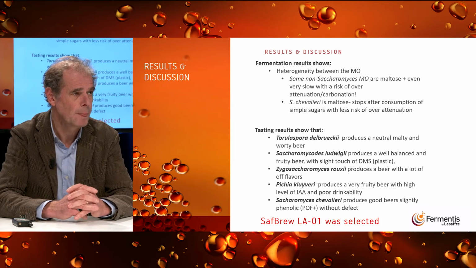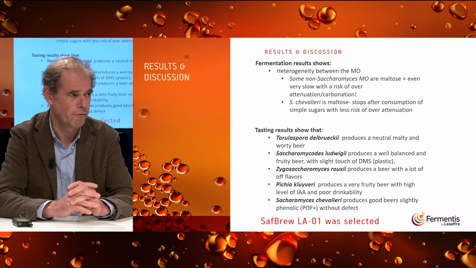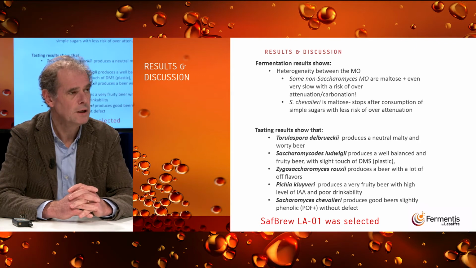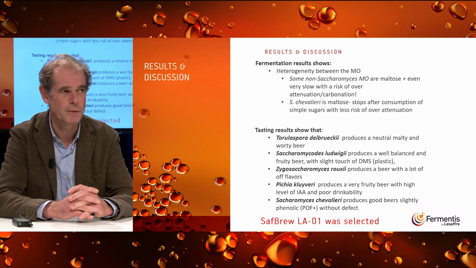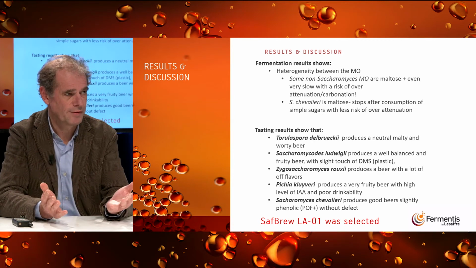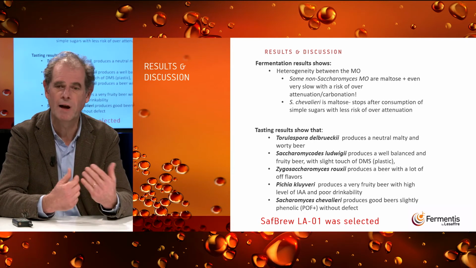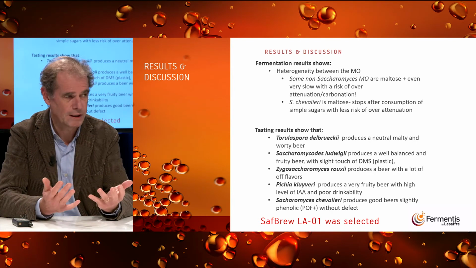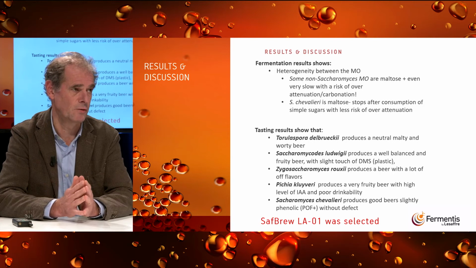The Rouxii produced a lot of flavor; we don't really recommend it. The Pichia was really, really fruity, with a lot of isoamyl acetate, which is the banana flavor. And the Saccharomyces chevalieri produced a very well-balanced beer with a slight note of phenolic character, because it's a POF-positive yeast strain.